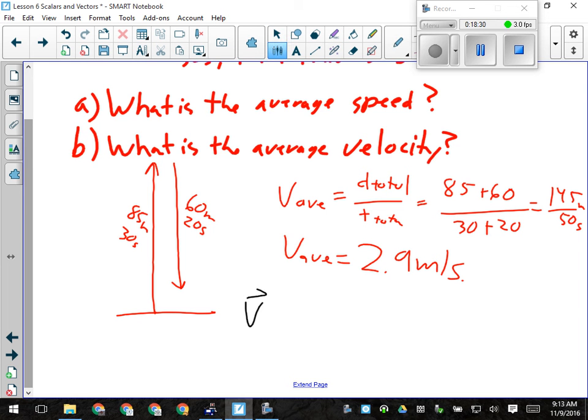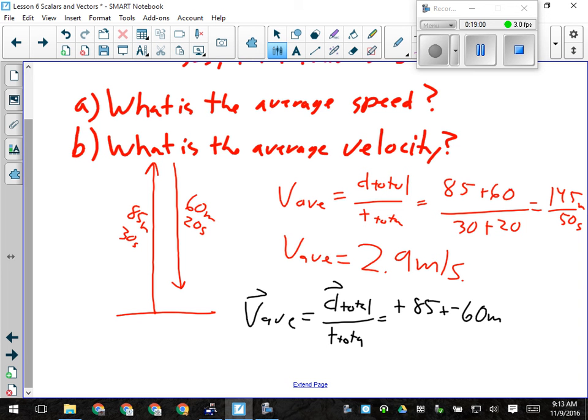So to calculate the average velocity, I'm going to take my total displacement, the arrow over top, over total time. So that's going to mean positive 85 meters plus negative 60 meters. When we're dealing with vector quantities, you have to assign a positive and negative value. We call this vector addition. That's why I put a plus sign in there. It's not vector subtraction.